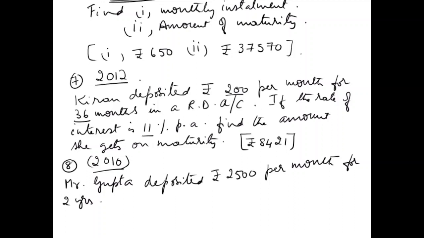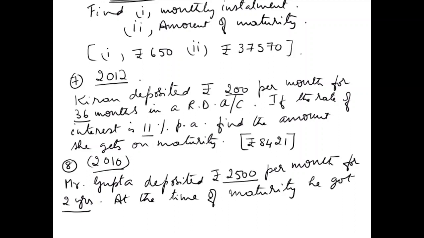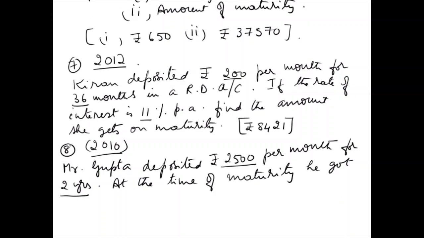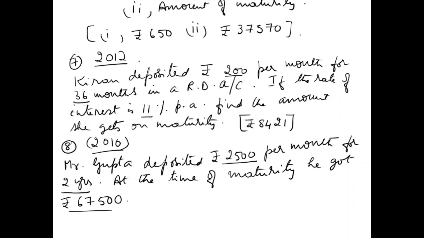So here also you know monthly installment, you know n. At the time of maturity, he got rupees 67,500. So this is the maturity value that he got.